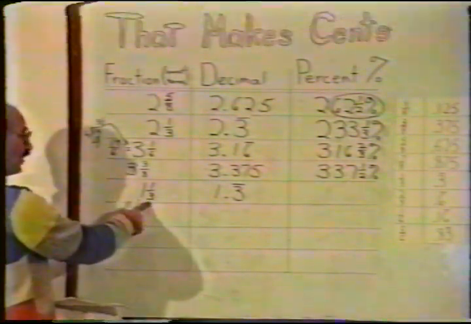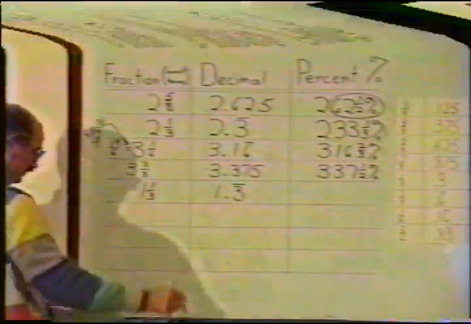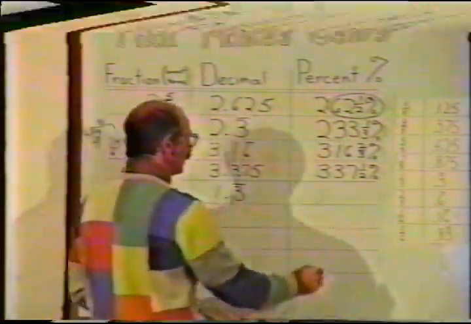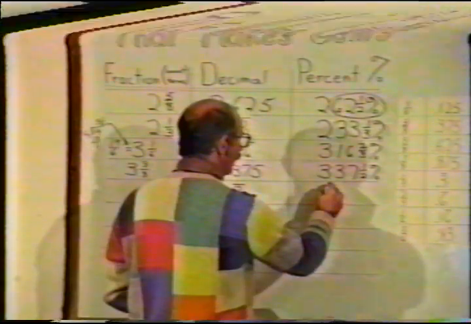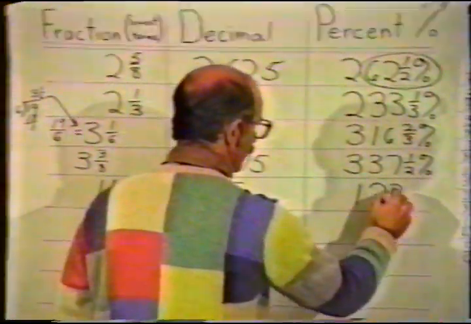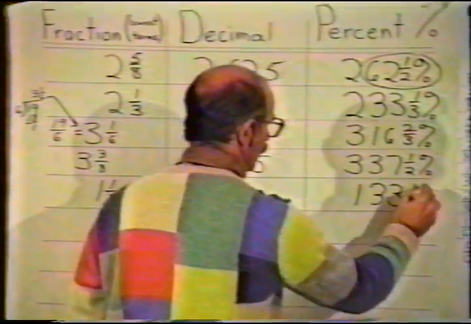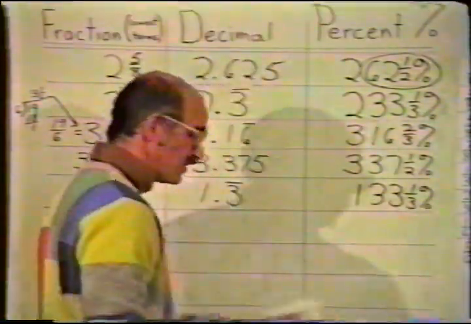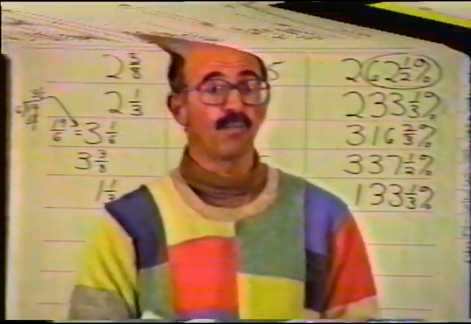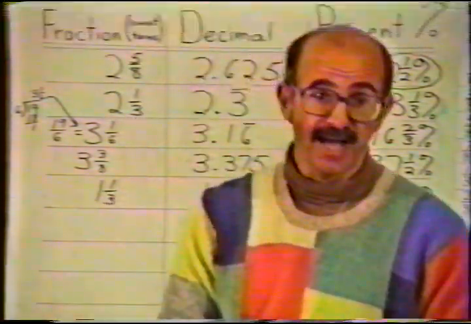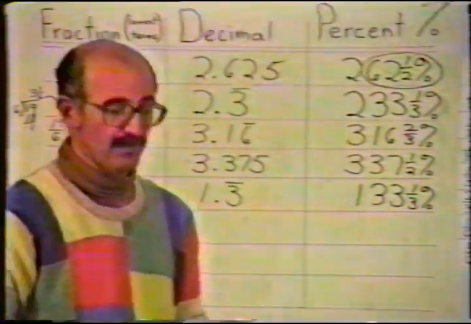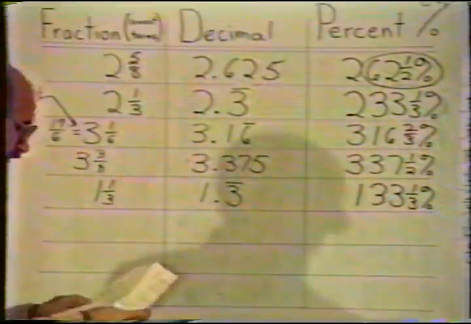And the 1/3 is how much percent? 33 and 1/3%. So altogether we have 133 and 1/3%. So those are some percents that are greater than 100% and that have some of your memory percents hidden inside to make your work easier.